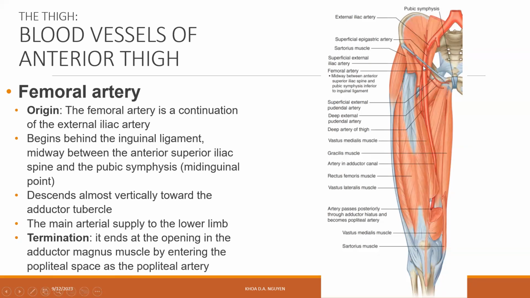You have the superficial external iliac artery, which is right here. And then you have the superficial epigastric artery right here. And you have the superficial and deep external pudendal artery that goes to the scrotum right here. Remember, guys, these superficial arteries simply supply the skin region of whatever place they go to.